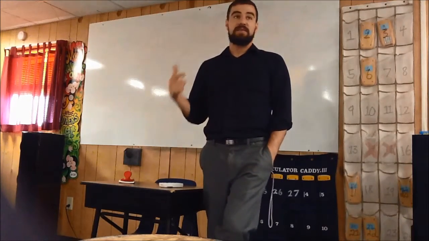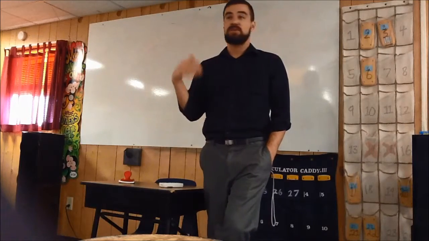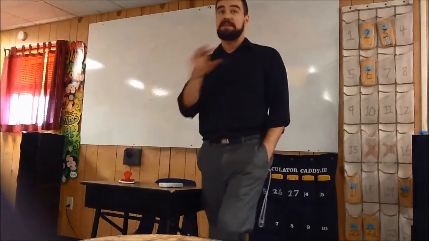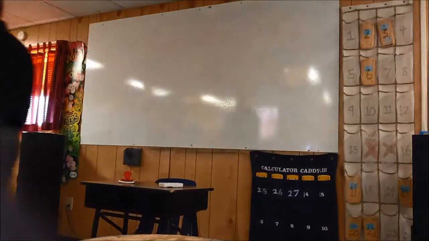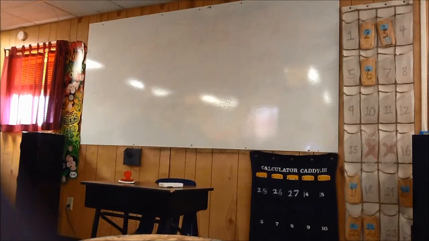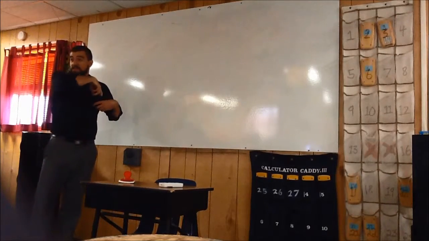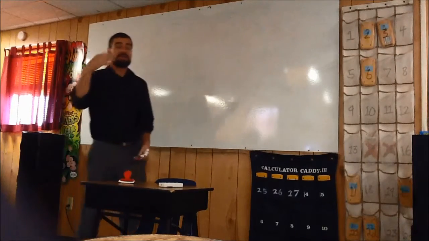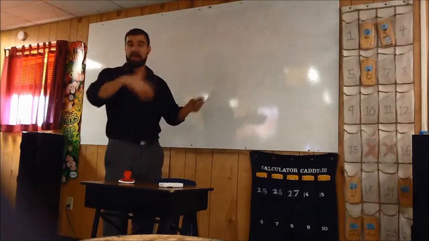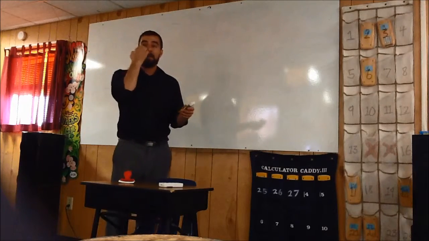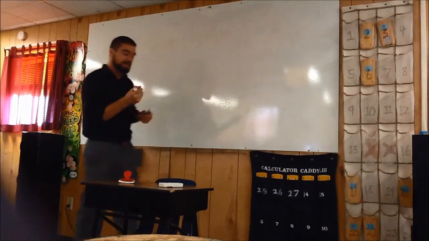Every single one of these theorems starts off the same exact way: if parallel lines are cut by a transversal. I'm going to allow you, because that's what your textbook says, to abbreviate that.